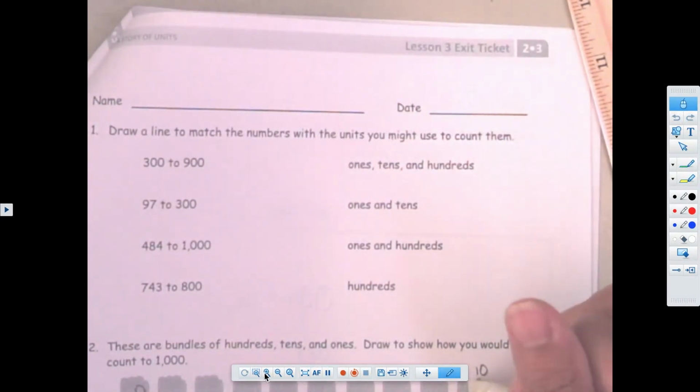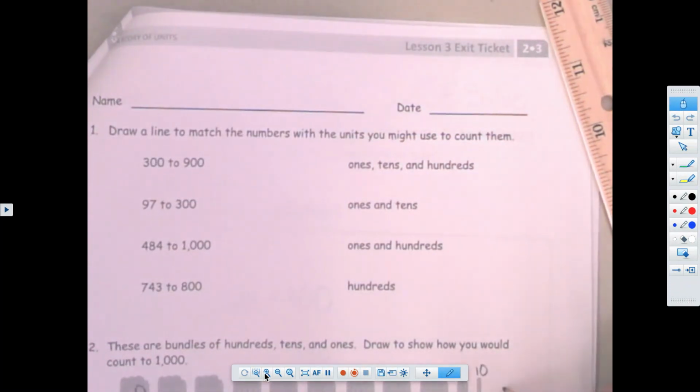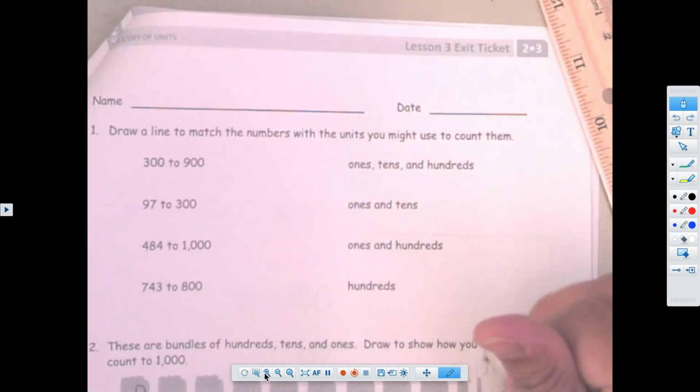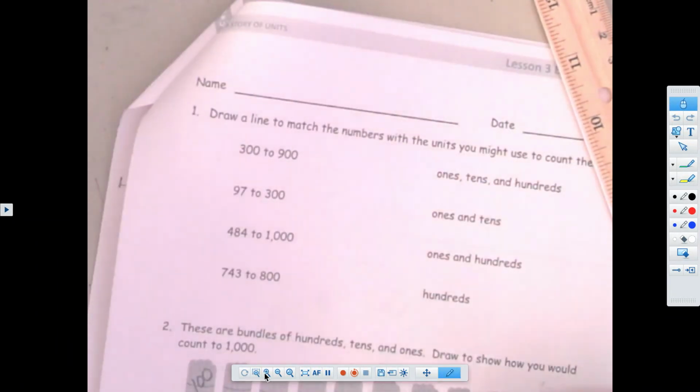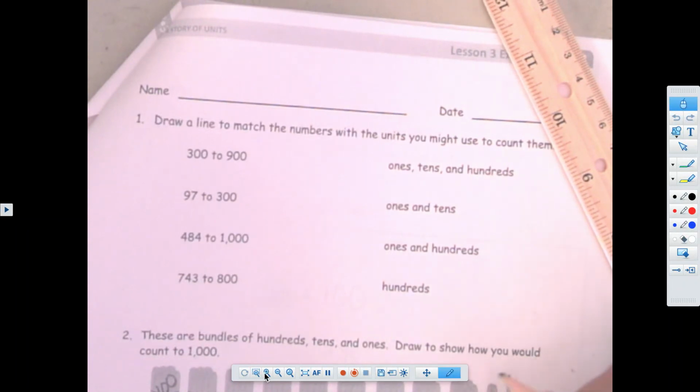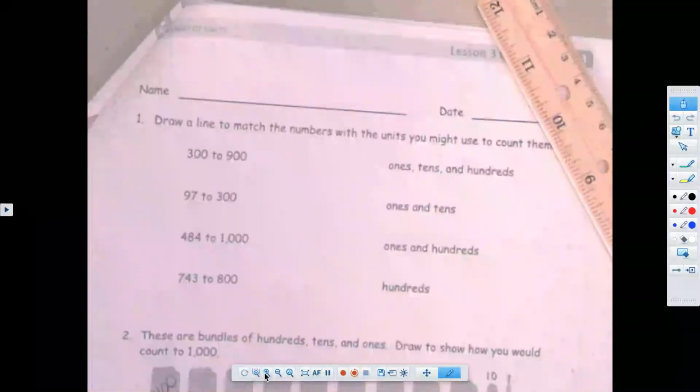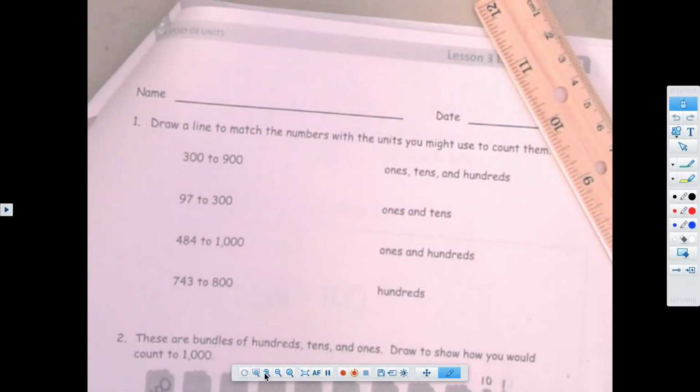I think a 1 would be a bundle like this. But I think what they did is they put this one as 1. This one maybe as 10. Yeah. And the other one's as hundreds, right? So which one would you use to count to 1,000? I would probably use the largest denomination.